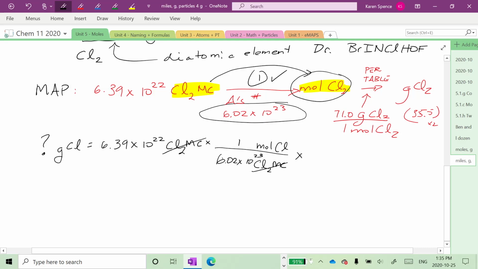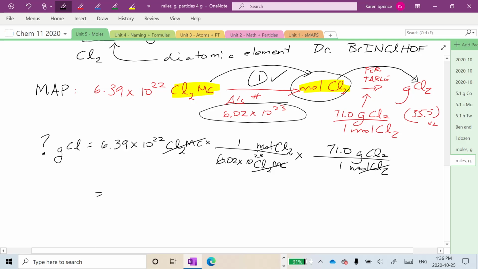Step 2, we're going to go from moles to grams. All right, let's convert from moles to grams. So we need to cancel our moles of Cl2. Oops, I forgot my 2 up here. That's important. Okay, and we want to find grams of Cl2. And so now we know that is 71.0 for every 1 mole.